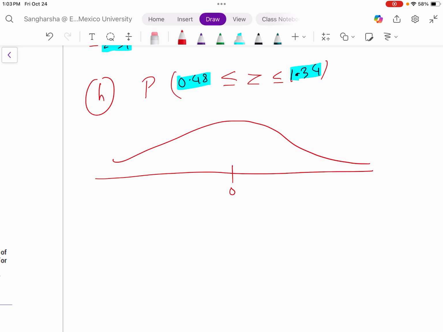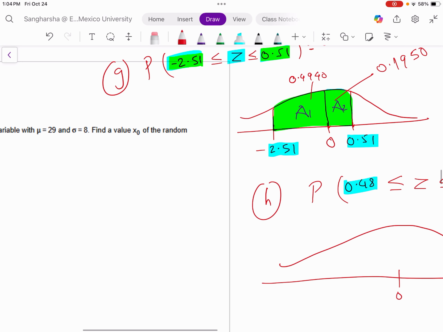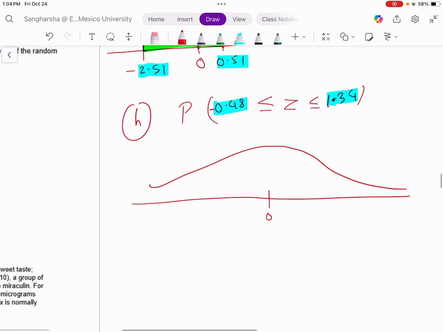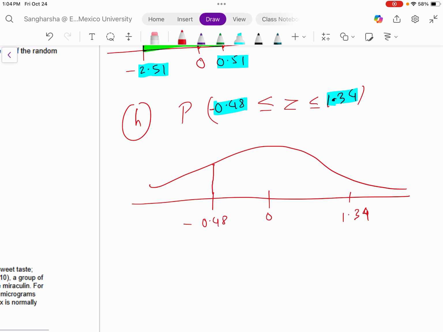I think this should be negative. Let me double check. Yeah, negative 0.48. So negative 0.48 is here, 1.34 is here, and we are interested in finding the area from negative 0.48 to 1.34.